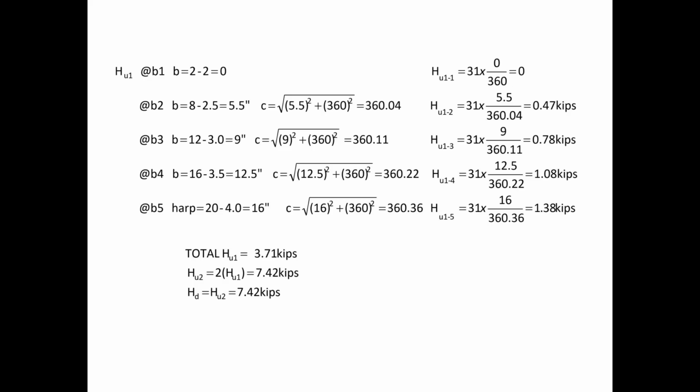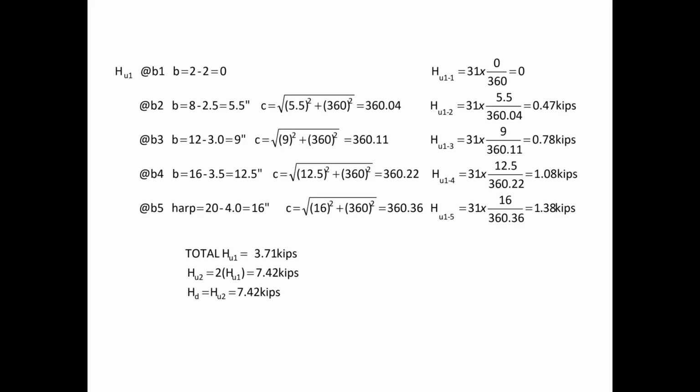So we calculate C, the square root of A squared plus B squared. Then we can calculate our vertical force as P times B over C. So 31 kips times 5.5 divided by 360.04 gives us a vertical force of 0.47 kips for strand two.